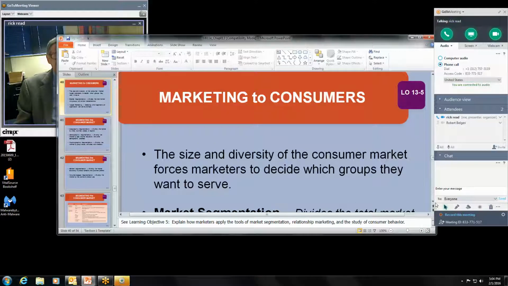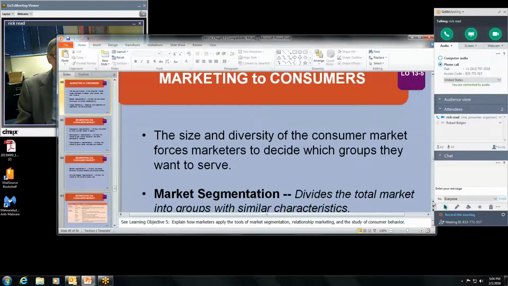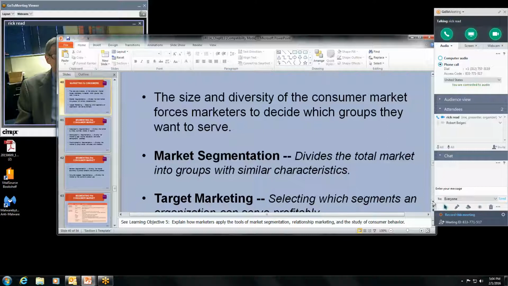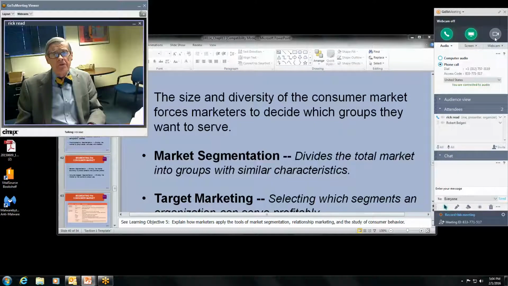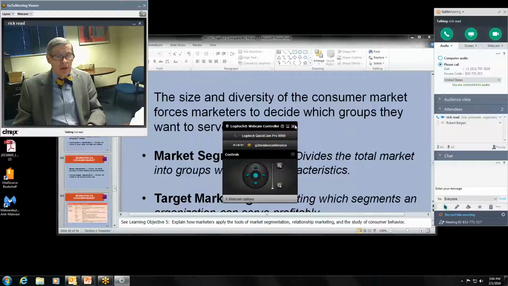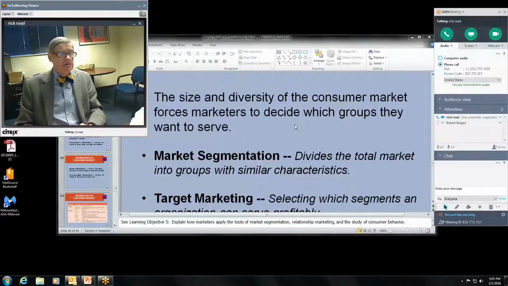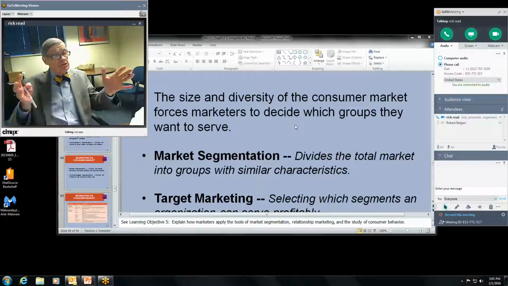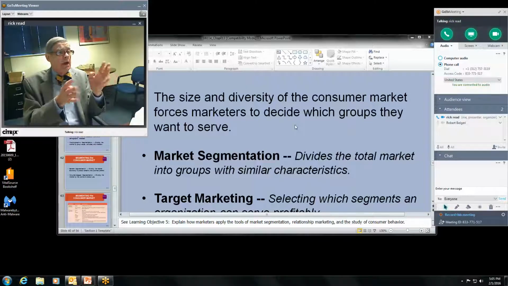This is marketing to consumers. We'll talk a little bit more about that as we have before. We do a couple of things in marketing to consumers a little differently than we do in marketing to businesses. Pardon me. One is that we have market segmentation. Notice what that does. That divides the larger market into smaller segments, and each of these segments have what is known as similar characteristics.